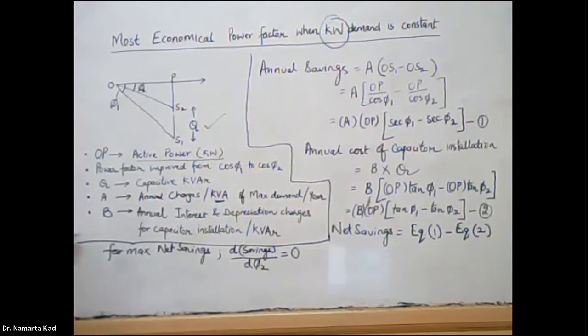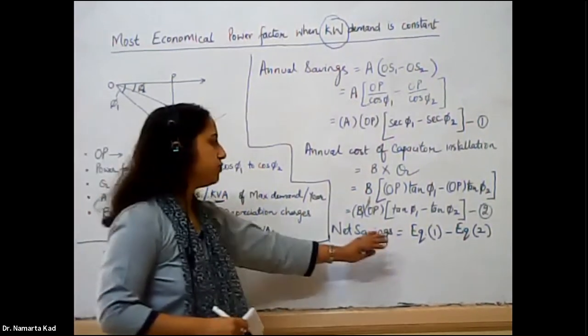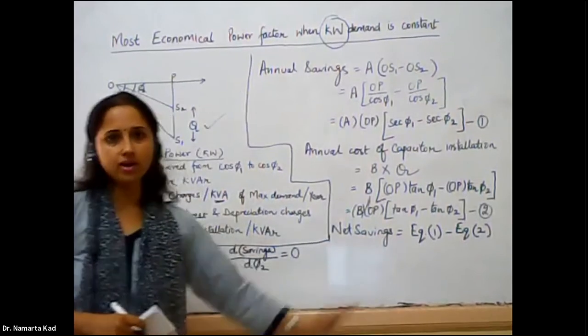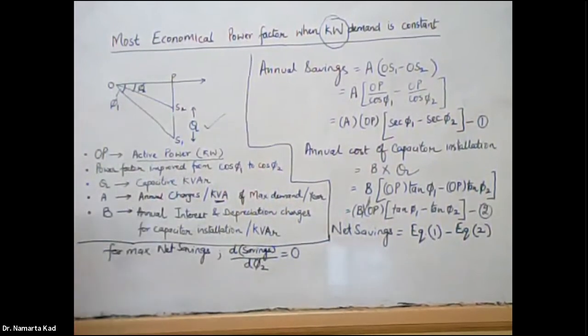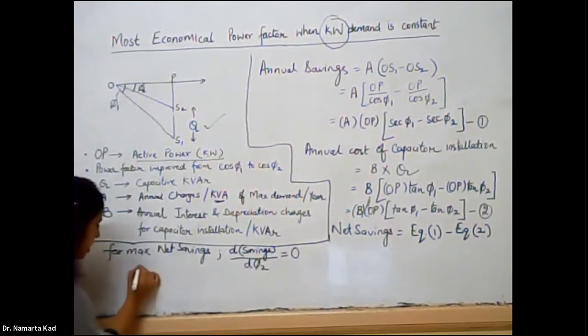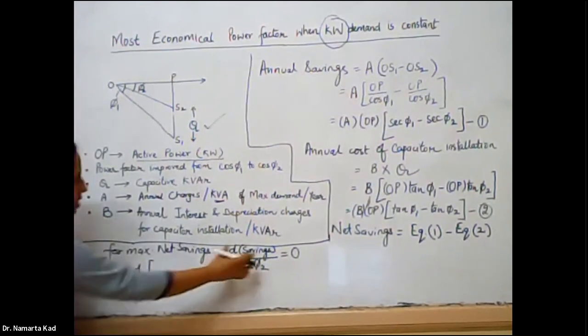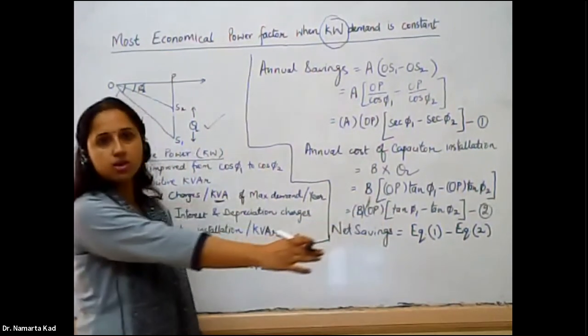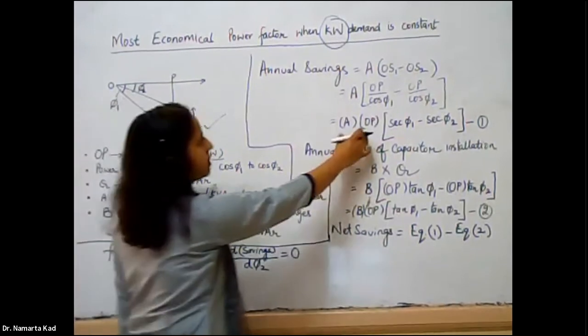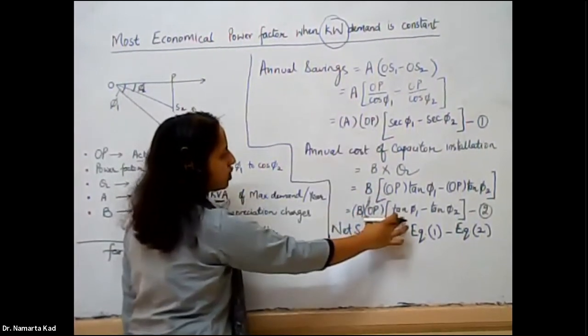So now we are going to apply this mathematical relation, that is d by d of phi 2 of the savings, equation 1 minus equation 2. This one is my equation number 1, this one is my equation number 2.